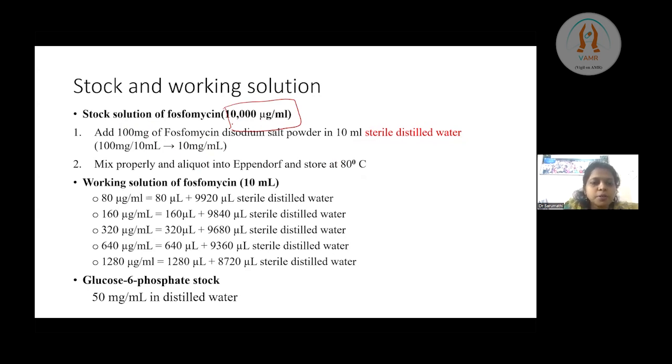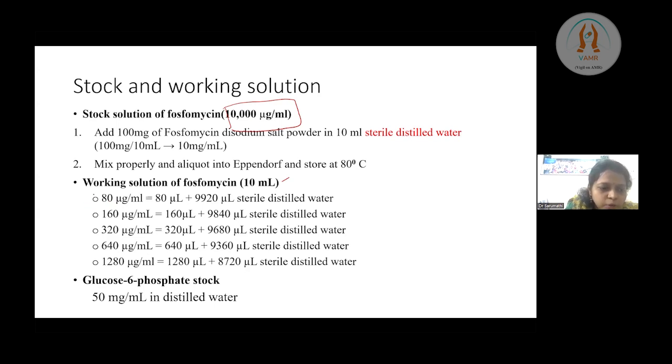Then we have to go with the working solutions whenever you are going to do the test. So how to prepare the working solution of phosphomycin? For the working solution you can prepare an amount of 10 ml for each dilution.